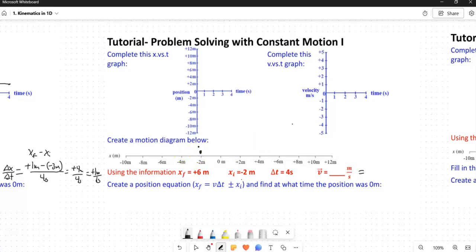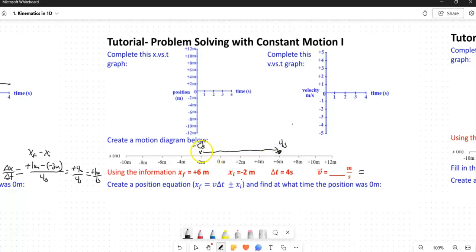Looks like it starts off at a position of negative 2 meters at 0 seconds. And it ends here at positive 6, and that's going to be at the 4 second mark. So here is our displacement and velocity vector.